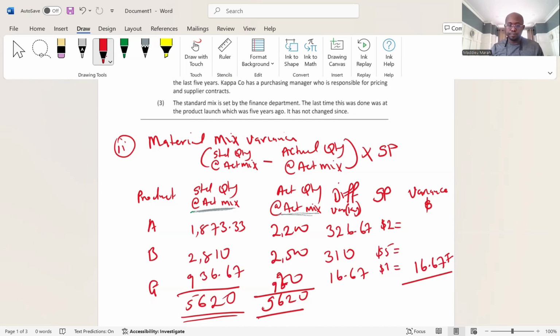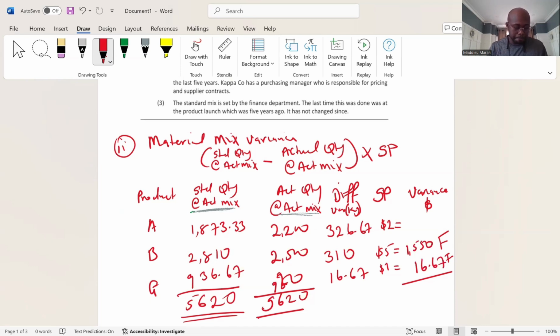The next one is 310 at 5. This is 1550. Which variance is this? My standard quantity at actual mix is 2810, and my actual quantity is 2500. So it's a favorable variance, F. And the last one, I have 326.67 at 2.